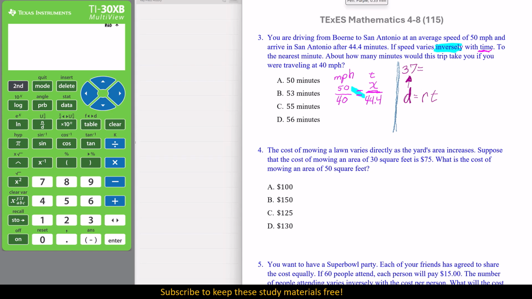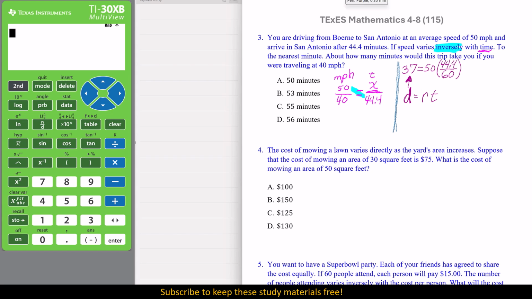So what is my time? Well, I know I have 50 miles per hour. That's my speed. And I had a time of 44.4 minutes, but guys, that's out of an hour.